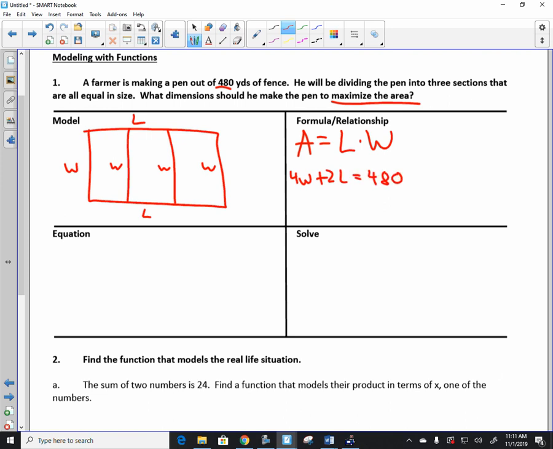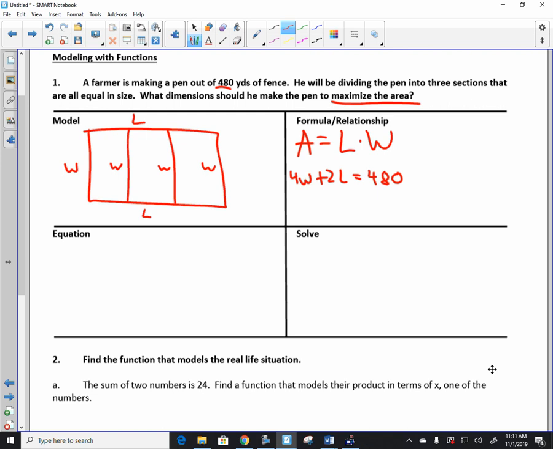You see, folks, if you have two variables, you need two equations in order to write it as one variable. That's how it works. So we're going to say that there are four W's used in order to create the pens, and there are two L's used to create the pens. You're in agreement?